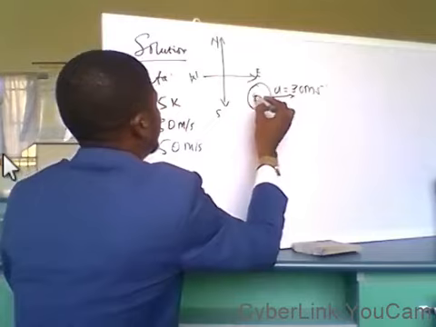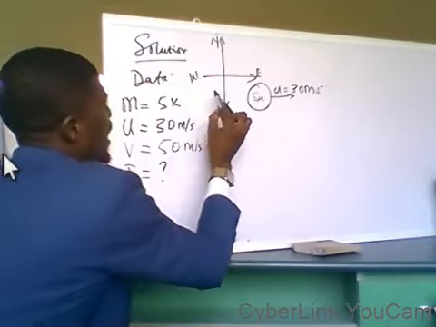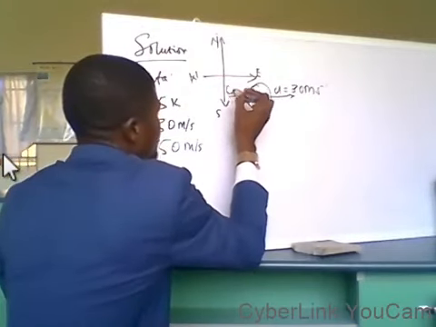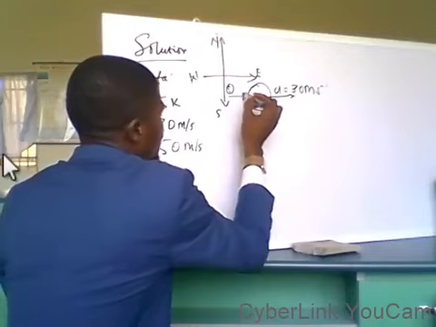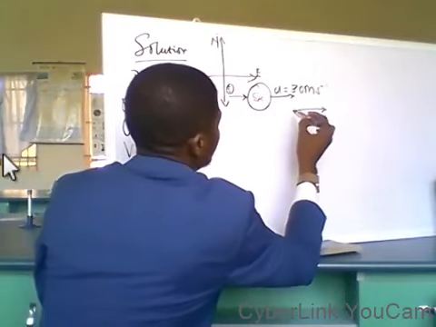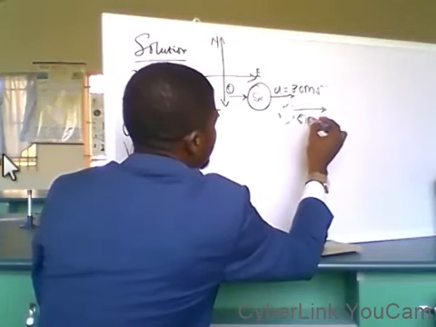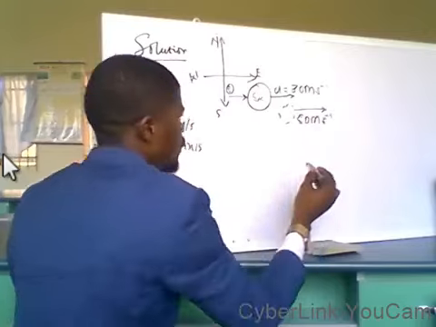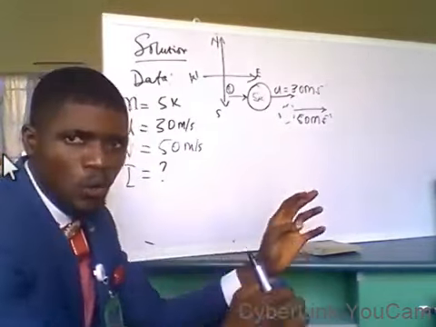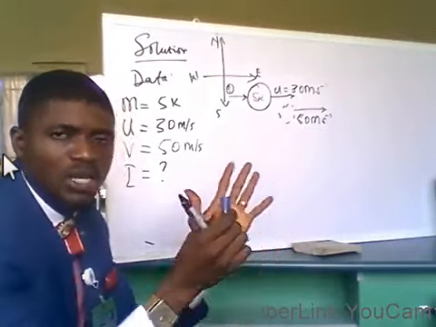And then another body comes from this way and hits it from this side. That body is unknown. It hits it on this side, and then the velocity increases to 50 meters per second. And so we are asked to find the impulse, the blow. The body came here and hit it.